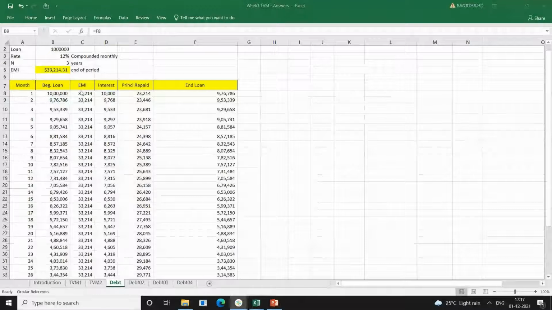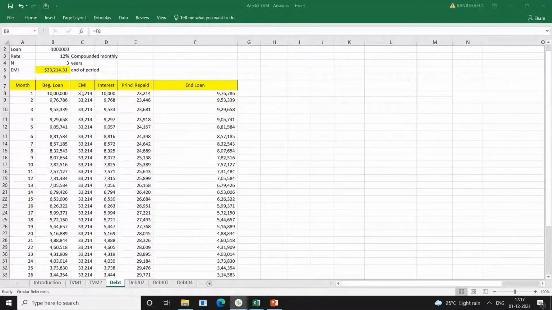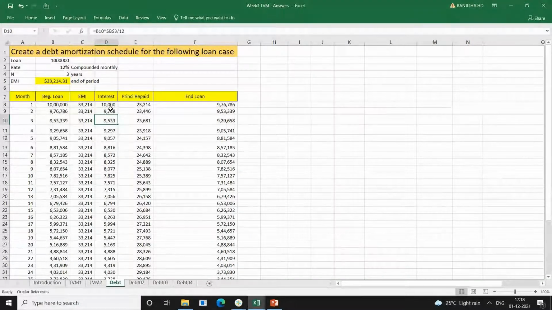You don't have the details, only the heading, because you want to find the debts. Amortization means you need to find the exact loan case with zero, meaning how much I'll be paying every month and within how many months it will clear. So that I will be doing here.